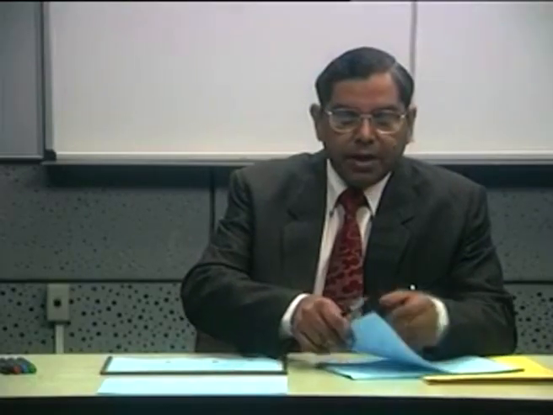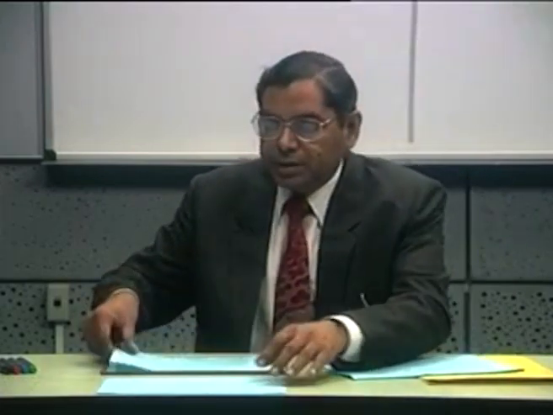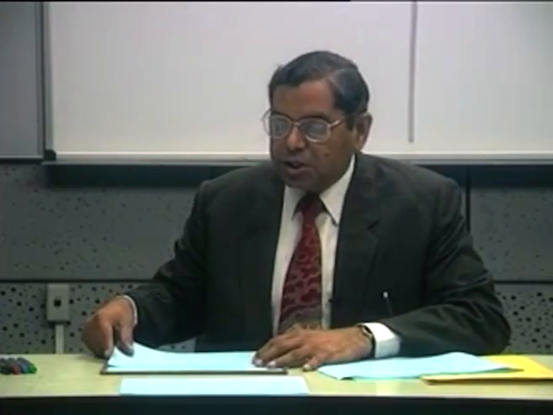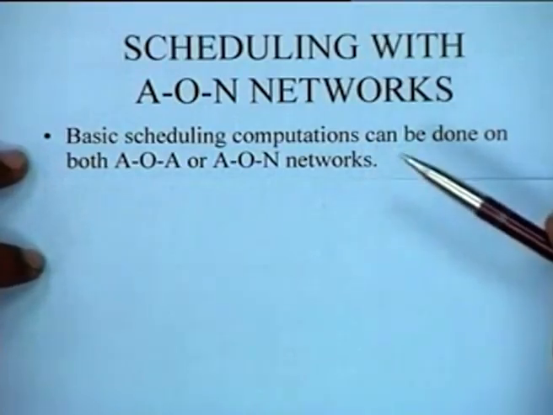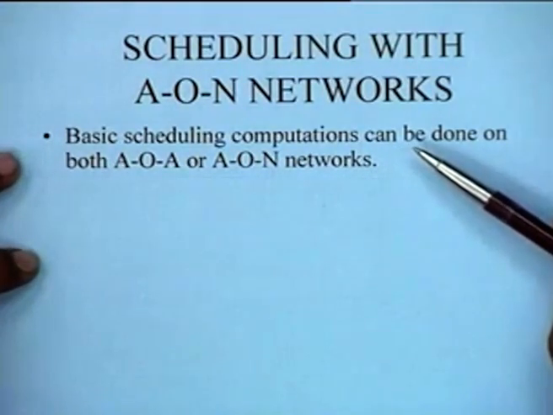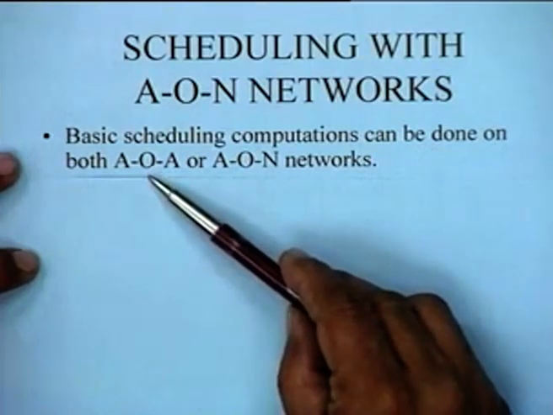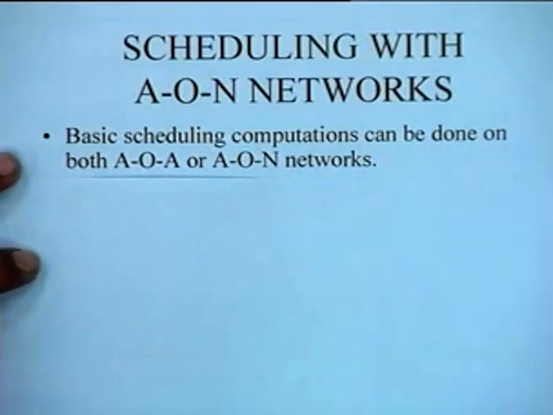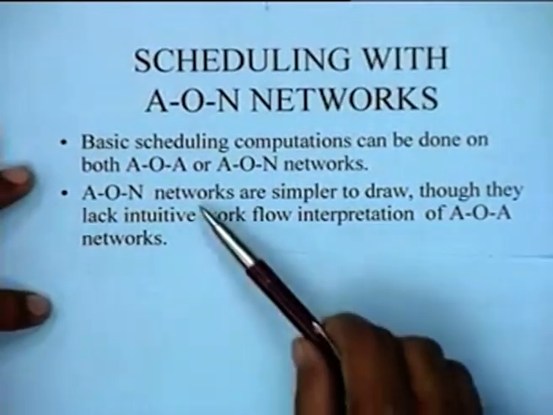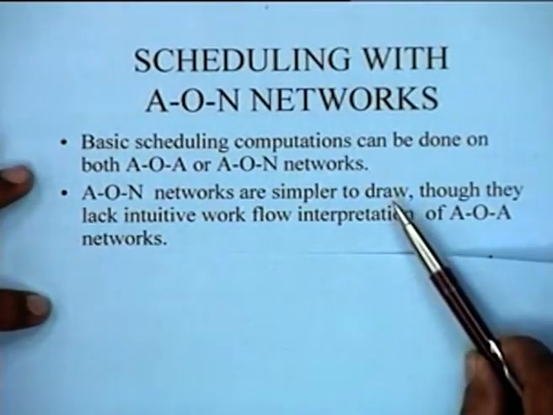There are certain features of scheduling with AON networks. For instance, basic scheduling computations, that is determination of the schedule and the critical path for the project, can be done on both the AOA and the AON networks. The AON networks are generally much simpler to draw.